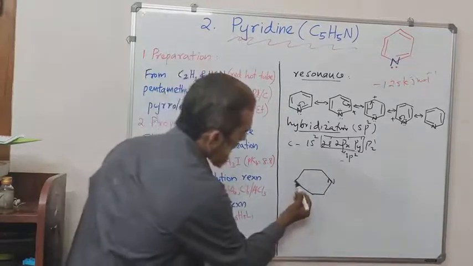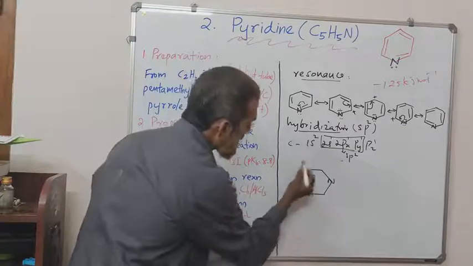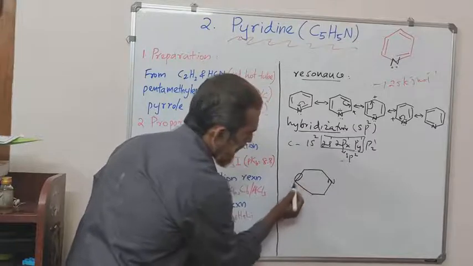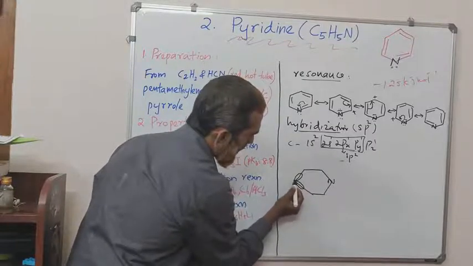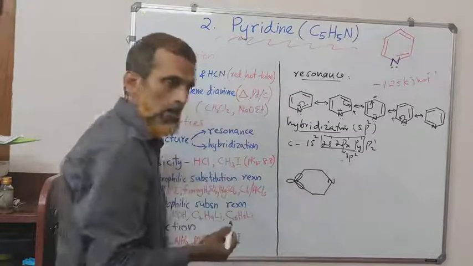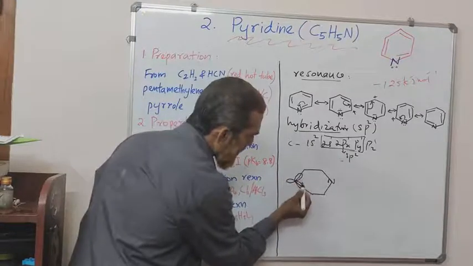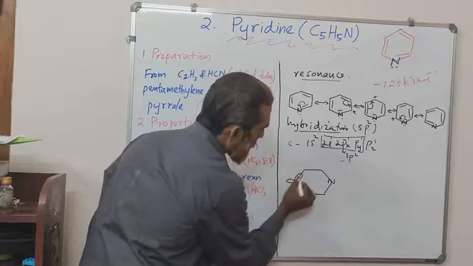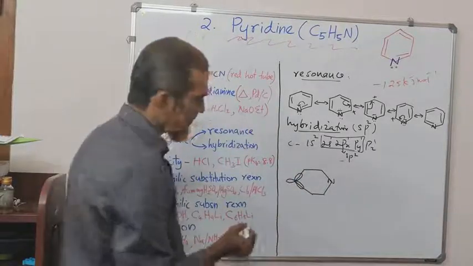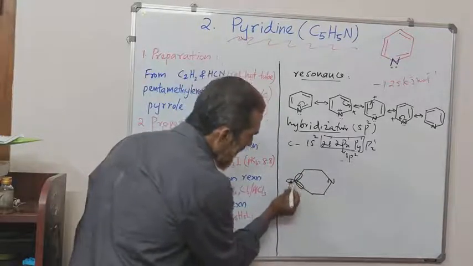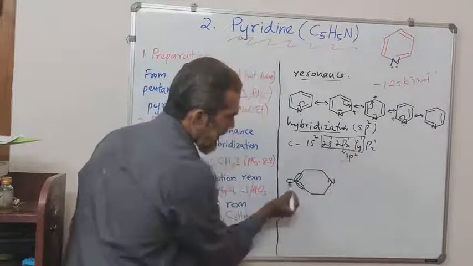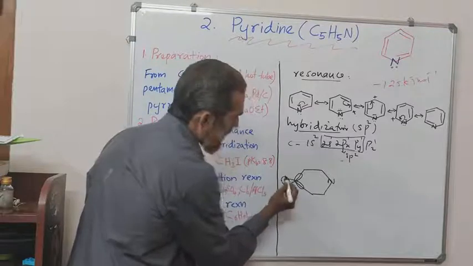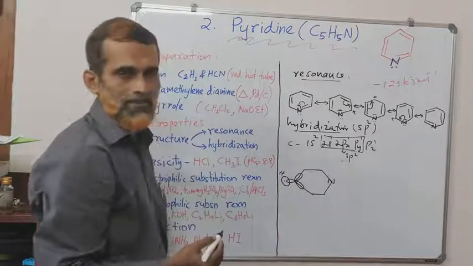Now, if you take one carbon for example, each carbon is in sp2. So you have one sp2 hybrid orbital here, the second one here, and the third one here. On each carbon, 2 hybrid orbitals will be overlapping with the neighboring carbon, forming carbon-carbon sigma bond. And on each carbon there will be one sp2 hybrid orbital, the third one, containing 1 electron, which will overlap with what? One s of hydrogen.